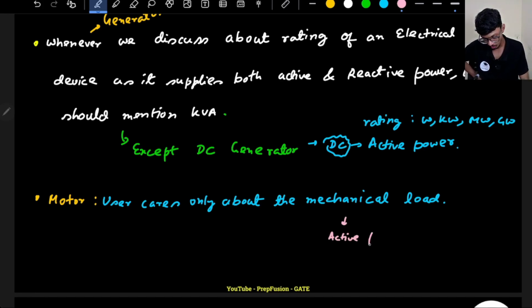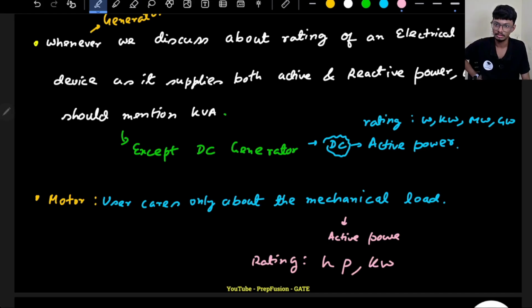So the output will be in horsepower or kilowatt. For a motor, you will always provide the rating in horsepower, kilowatts or watts. So this was a brief about the rating.